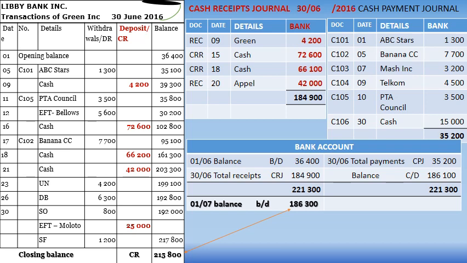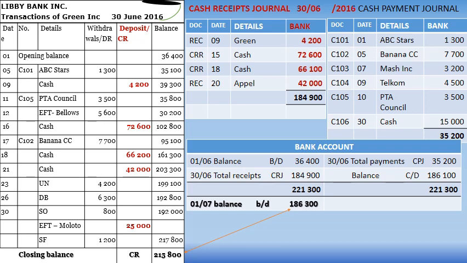And the closing balance was calculated as a favorable balance at the end of the month of 186,300 rand in the books of the entity. This closing balance is not the same as the balance that was reflected on the bank statement. Therefore, there's a need to investigate the difference in the amount.